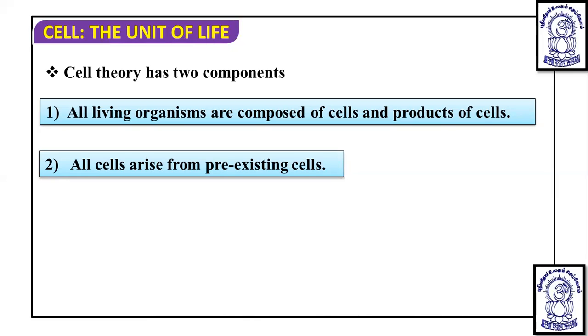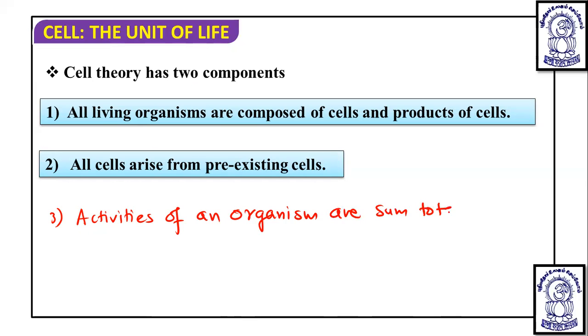And the activities of an organism are the sum total of activities and interactions of its constituent cells. Remember, this is the third important point. Two components are important, but this third point was added by Rudolf Virchow. Before that, one more statement was given by Schleiden and Schwann, that activities of an organism are the sum total of activities and interaction of its constituent cells.